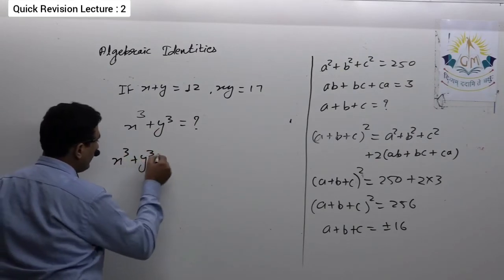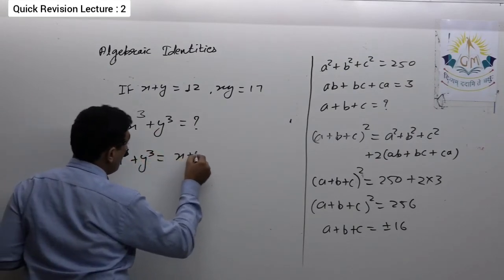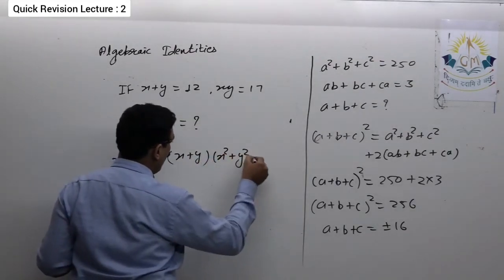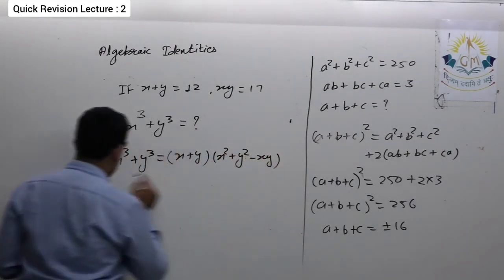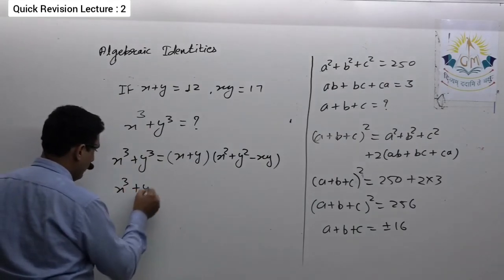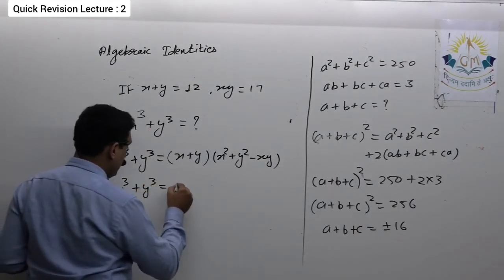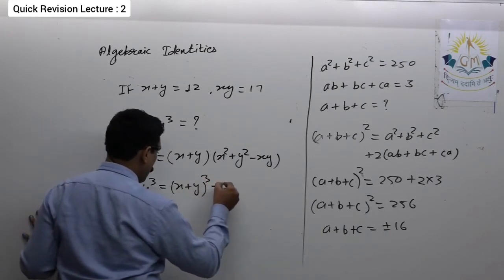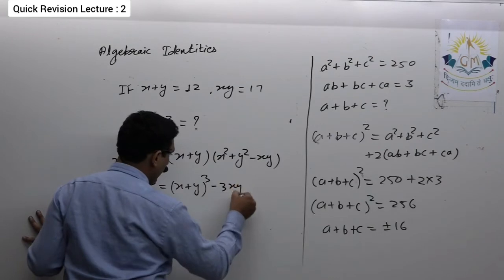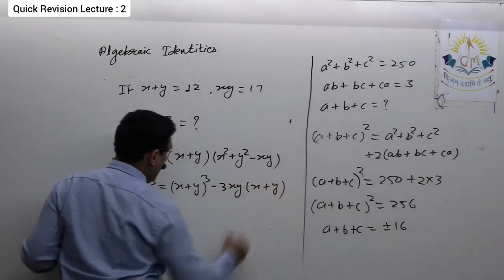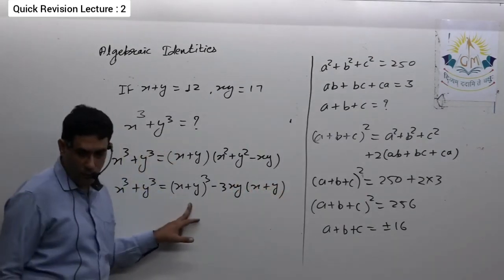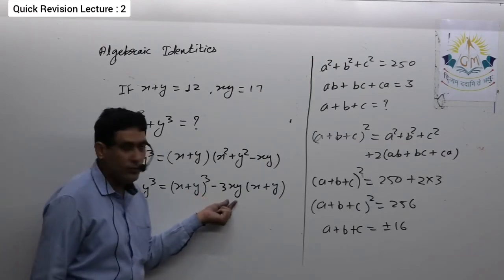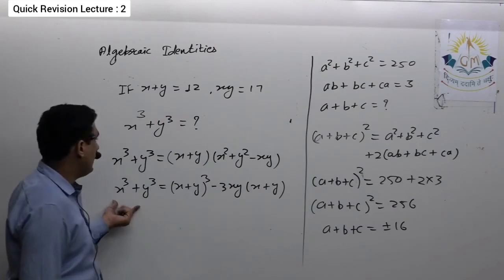Now x cube plus y cube is x plus y times x square plus y square minus xy. There is one more formula, that is x plus y whole cube minus 3xy times x plus y. If I use this second formula it is very easy, because I have the value of x plus y and the value of xy, so I will get x cube plus y cube.